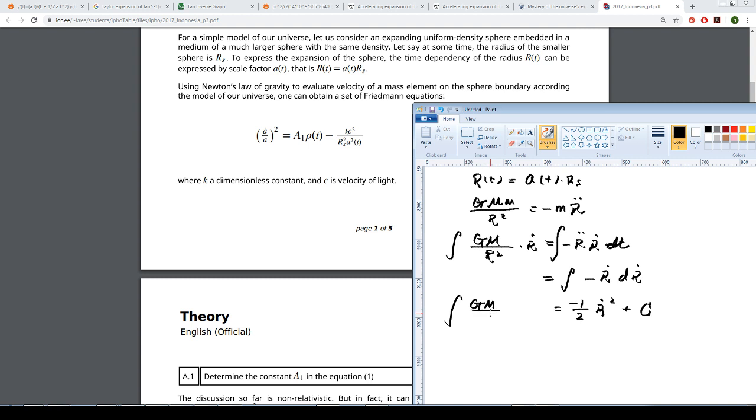On the left hand side, that simply becomes dr.